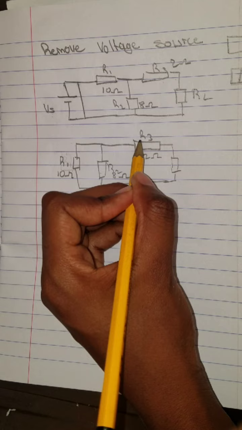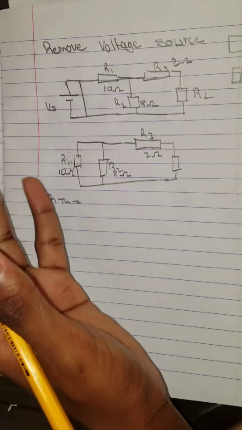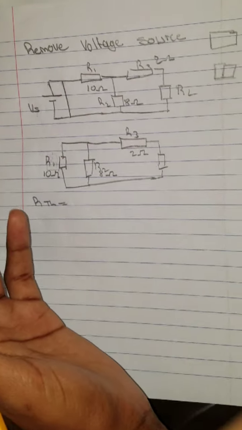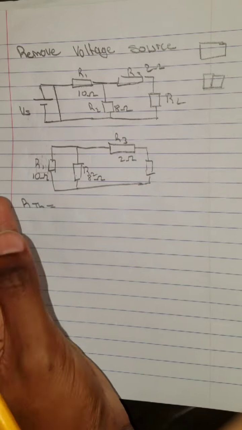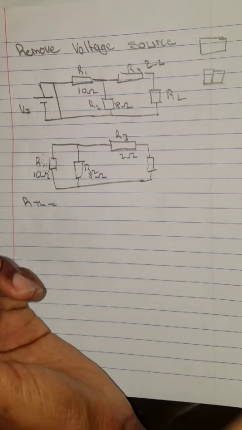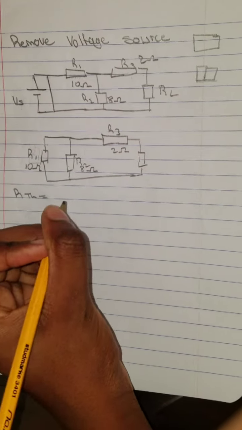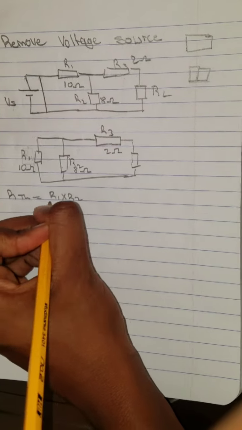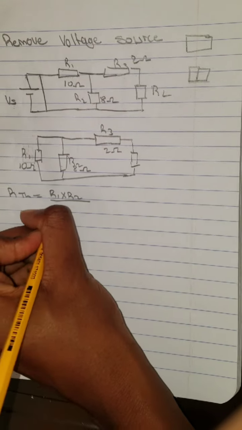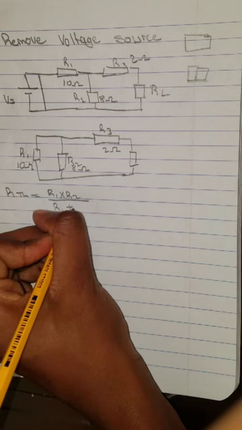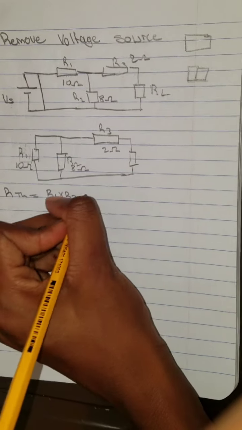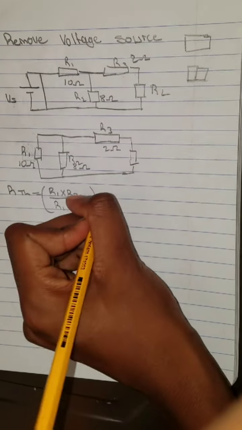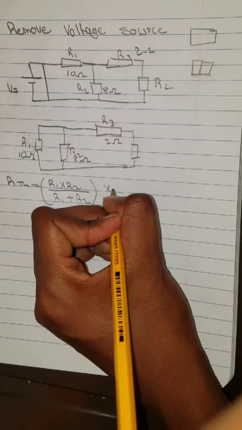You cannot say R1 plus R2 plus R3, because R1 and R2 are in parallel. So we use the formula for two resistors in parallel, which is R1 times R2 over R1 plus R2, and all of this is added to R3.